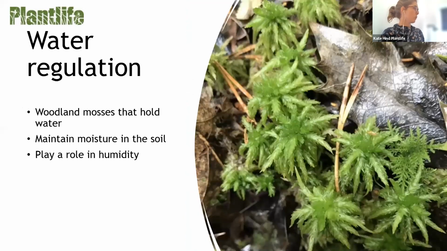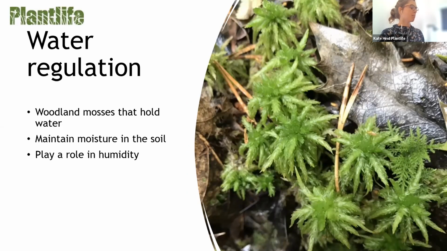I mentioned water regulation. I'm just going to say a little bit more about that. So sphagnum mosses are the moorland mosses generally, and that's what we think of. They also do grow in the woodland, and this is a picture I took of some sphagnum growing in the wood. And they do hold on to that water, and that helps keep the woodland, the temperate rainforest, moist all year round.